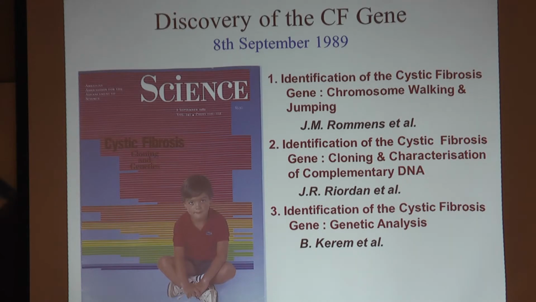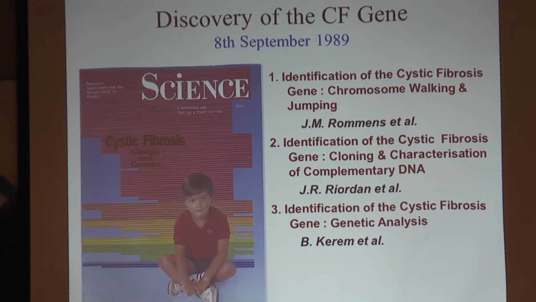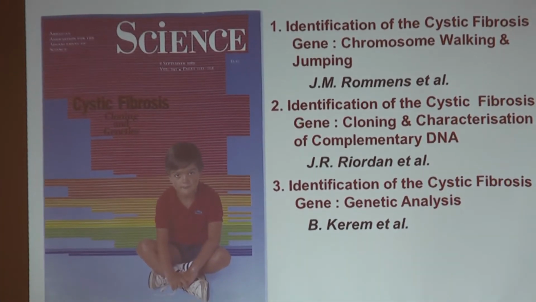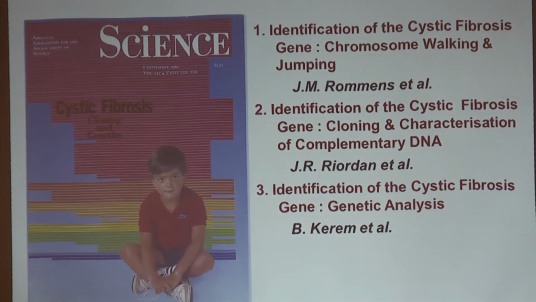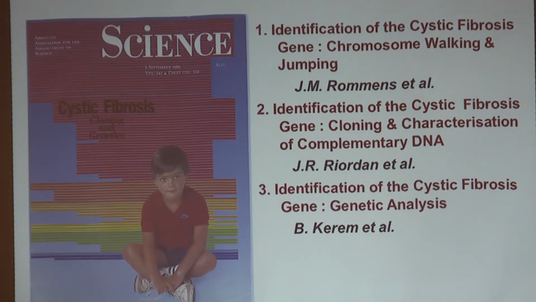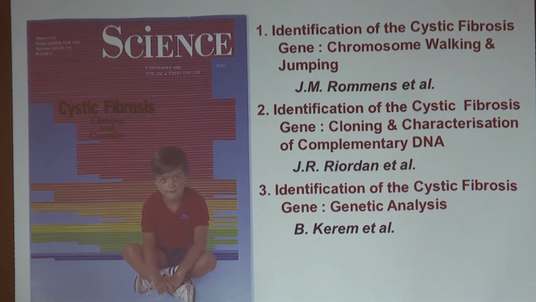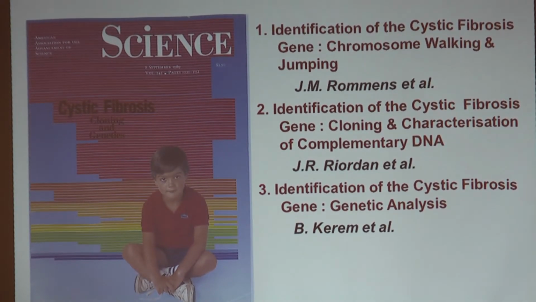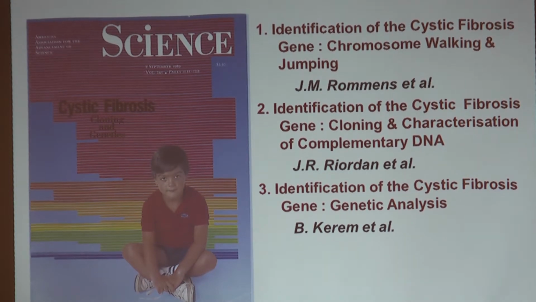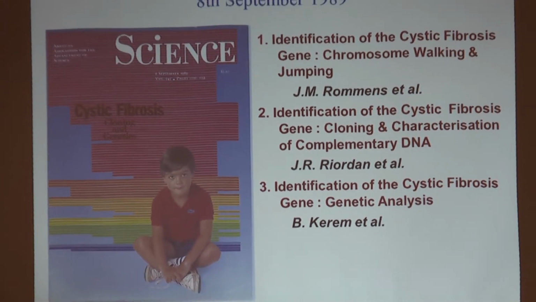And the foundation of modern molecular genetics was really established by what happened in CF through most of the 1980s. It took about 10 years to do this, but this was the culmination, and this particular issue of Science magazine had 3 very big articles which described the CF gene and talked about how they did it and predicted what the protein would look like, and that prediction has been borne out by direct evidence since then.